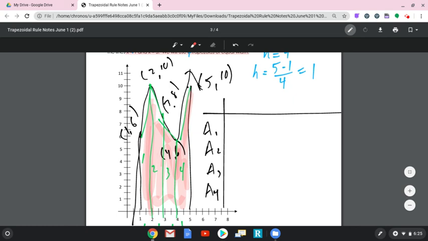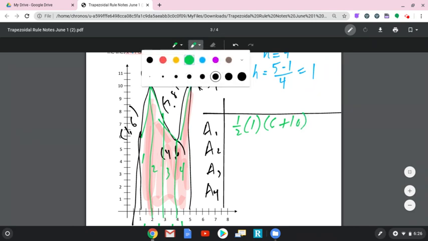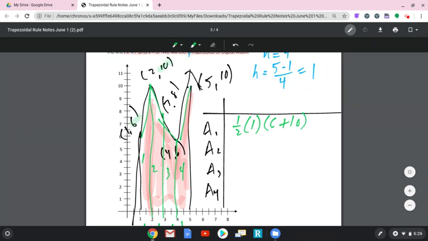Area 1 is 1/2, the height is 1 for all of them, times base 1 plus base 2. Look at your y values: it's going to be 6 plus 10, your first 2 y values on that graph. So it's half of 16, which is 8.